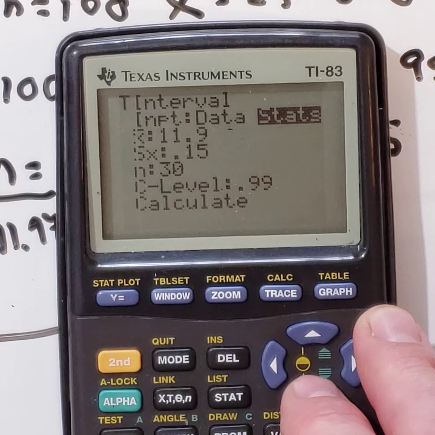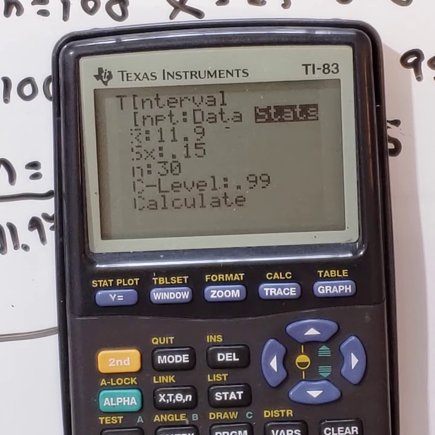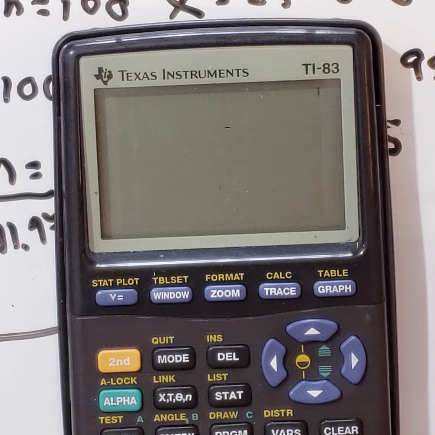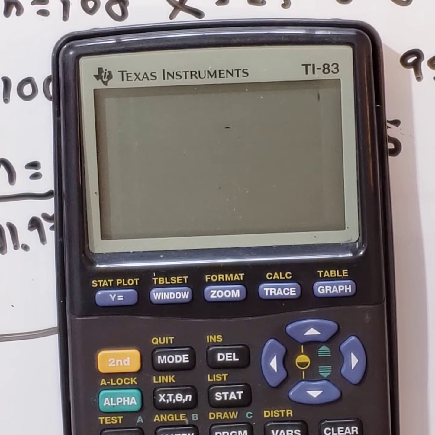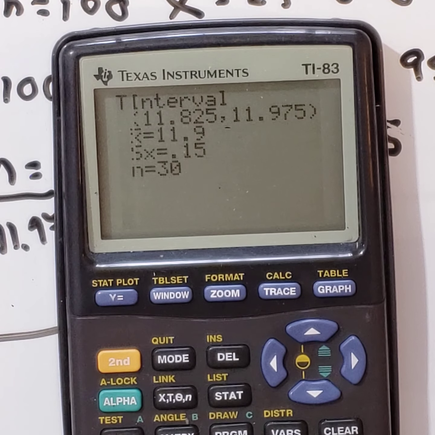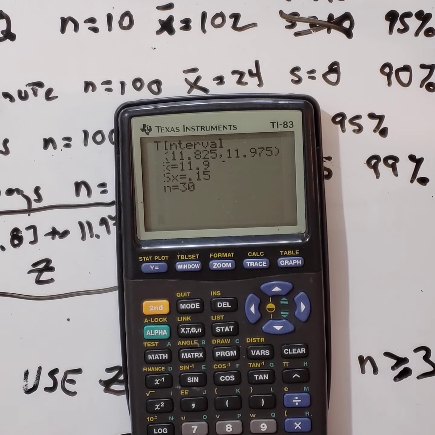We've got our n of 30 and our confidence level of 99, and I like that the TI keeps the old information in there. Look how long it's taking to calculate this time. Mathematically, finding that z value is very easy, but finding the t value is very, very difficult, so the calculator takes a long time.